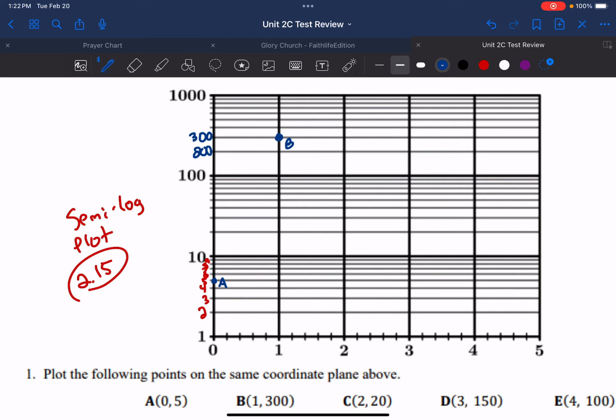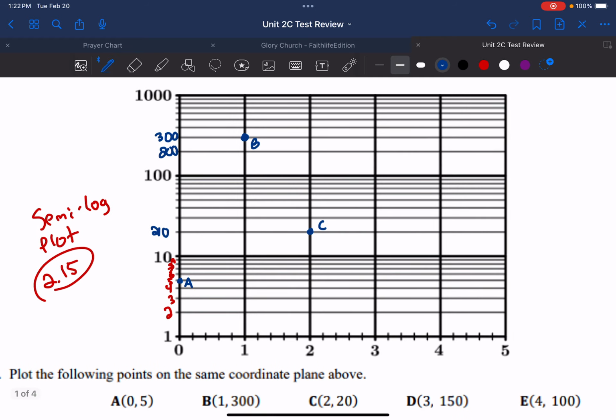So once again, after the 10, I'm counting by 10s. 10, 20, so 220. D is 150. So 150 would be halfway between 100 and 200 right here. That is D. And then E would be for 100, so right here.